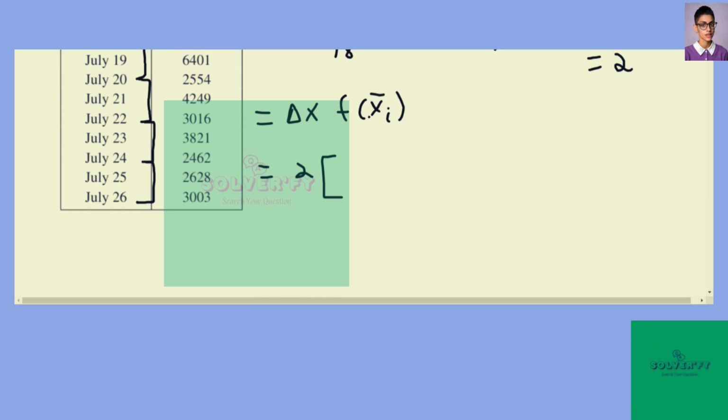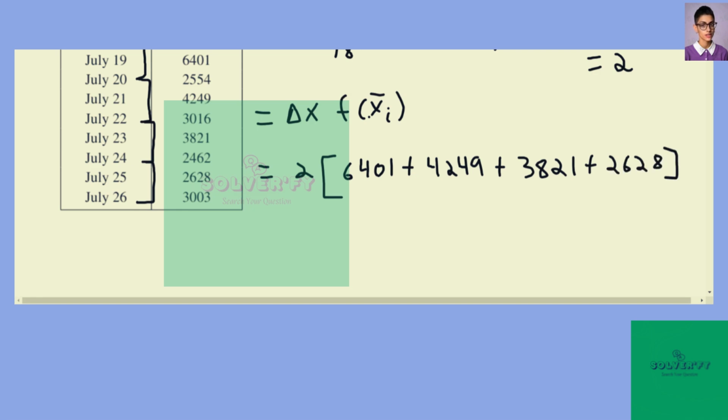So what's the value at July 19th? 6,401. Plus what's the value at 21? 4,249. Plus what's the value at 23? 3,821. And the value at 25, which is 2,628.